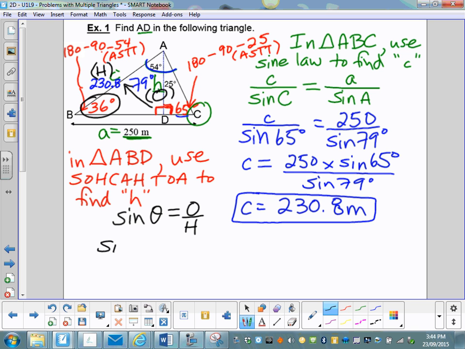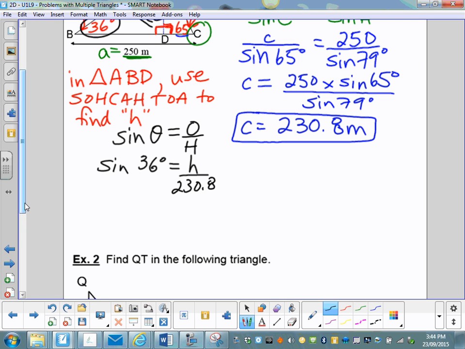When I plug in the values that I know, the angle that I'm using is the 36 degrees. The opposite side to that is the height, little h, and the hypotenuse is 230.8. So to find the value of h, I'm going to do 230.8 times sine 36.